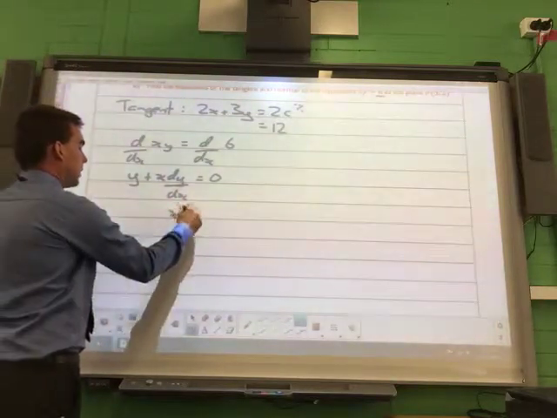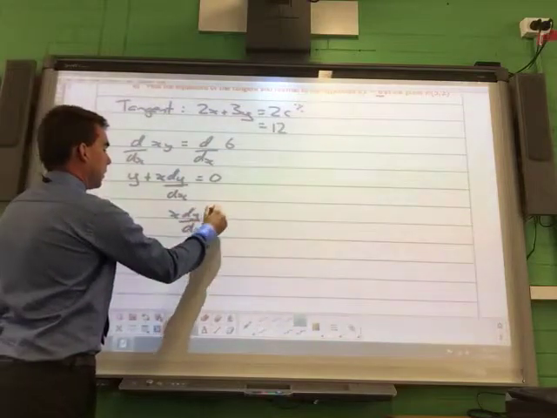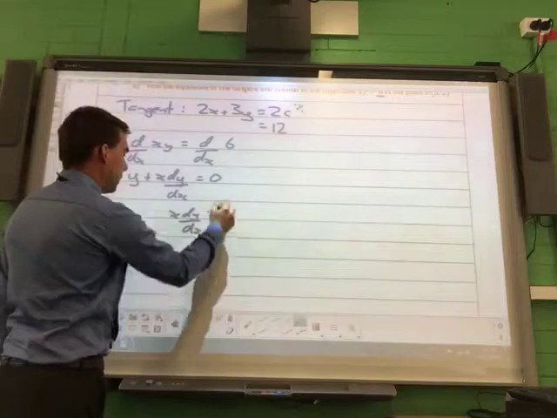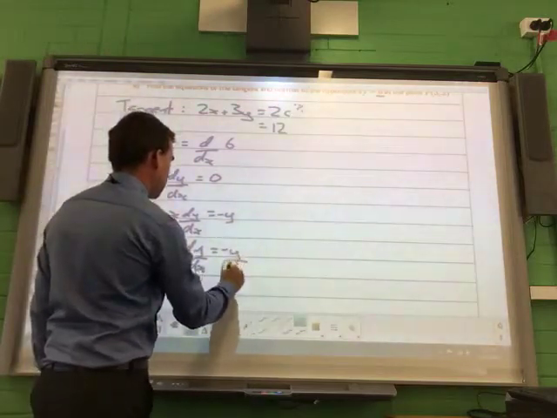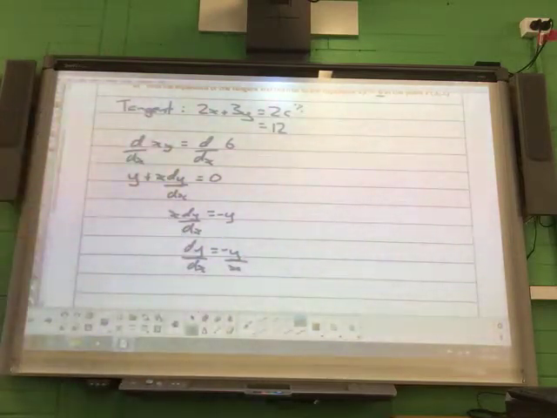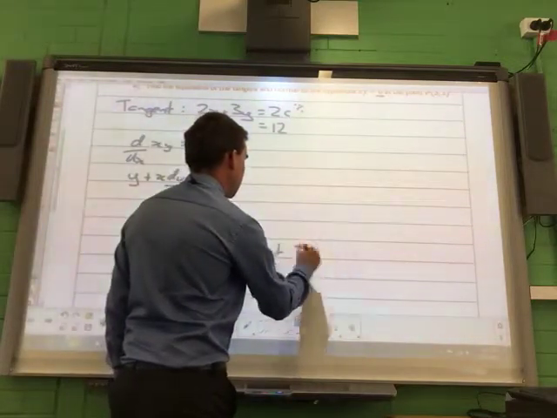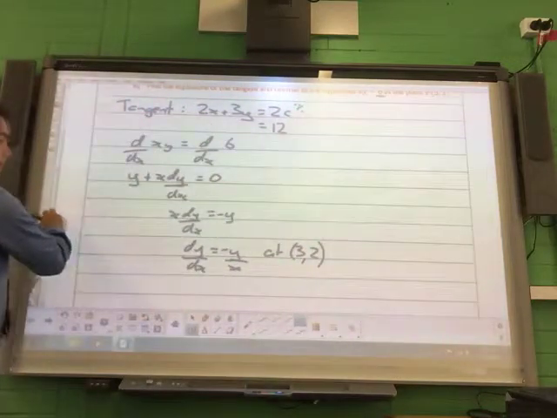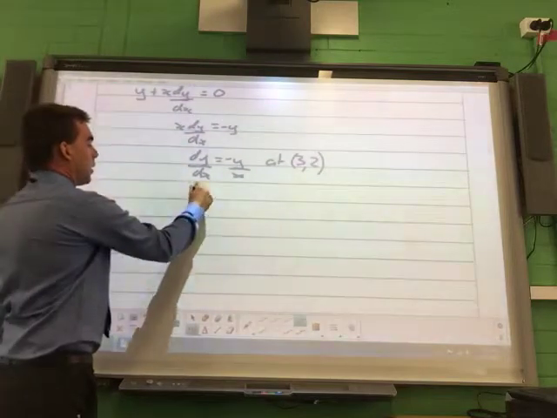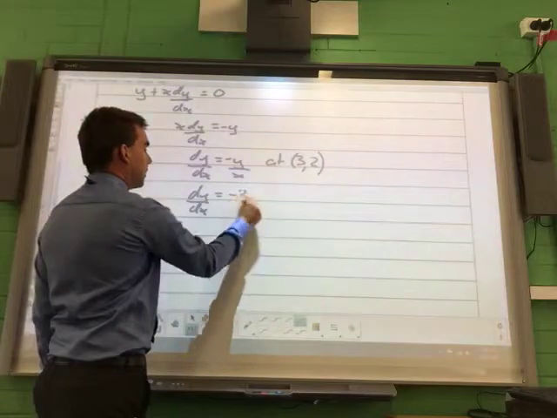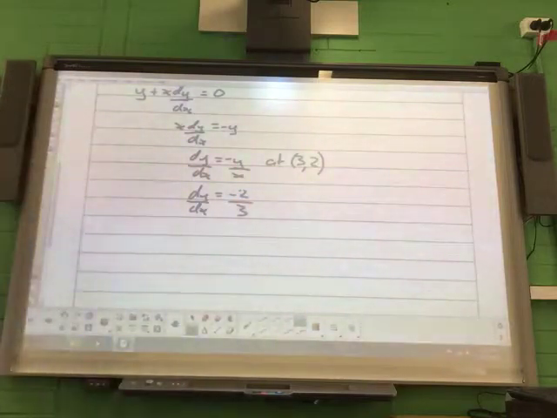Alright, so x dy/dx is negative y, so dy/dx is negative y on x. So at the point P, which is 3, 2, dy/dx is negative 2 over 3. Certainly not consistent with the formula, better double check them.